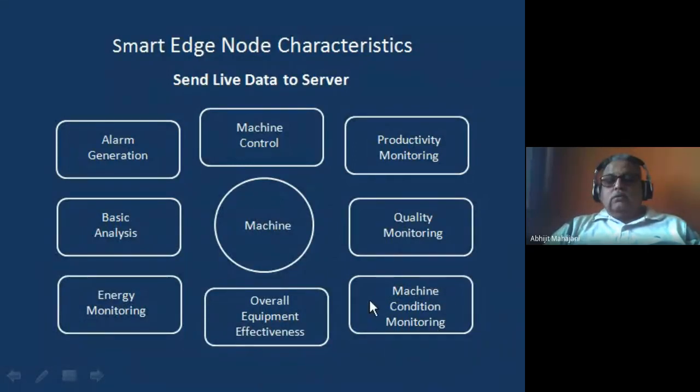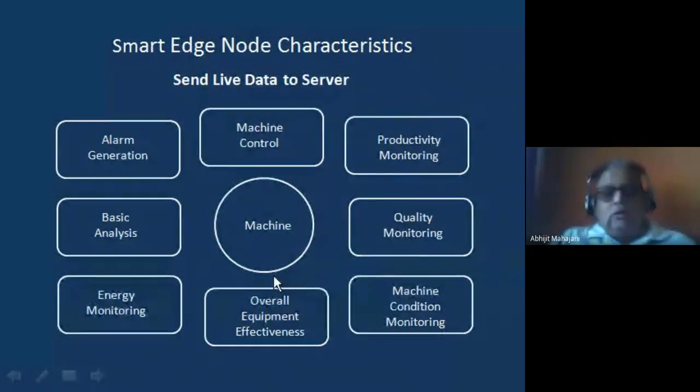And you monitor the availability of the machine, you monitor the condition of the machine. And these three, availability of the machine, quality, and the productivity counts, will give you something called overall equipment effectiveness, which is a statistic which gives you an overall idea of the condition of each equipment on your shop floor.